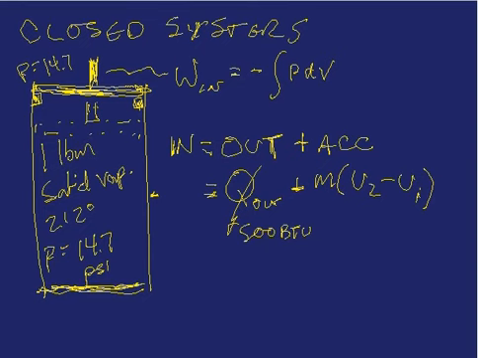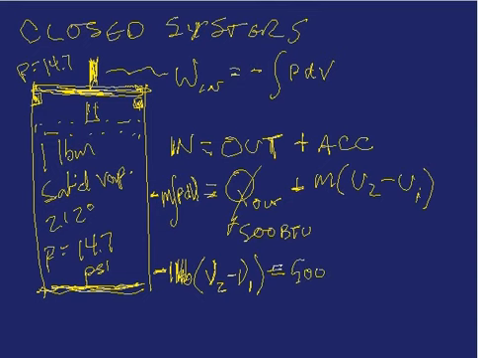And then the piston will go down, so that would be the P dV, or mass times the integral of P dv, where that's a small v. Lowercase v indicates specific volume, or minus 1 pound mass times little v2 minus little v1 equals 500 plus m, which is 1 pound, times U2 minus U1.